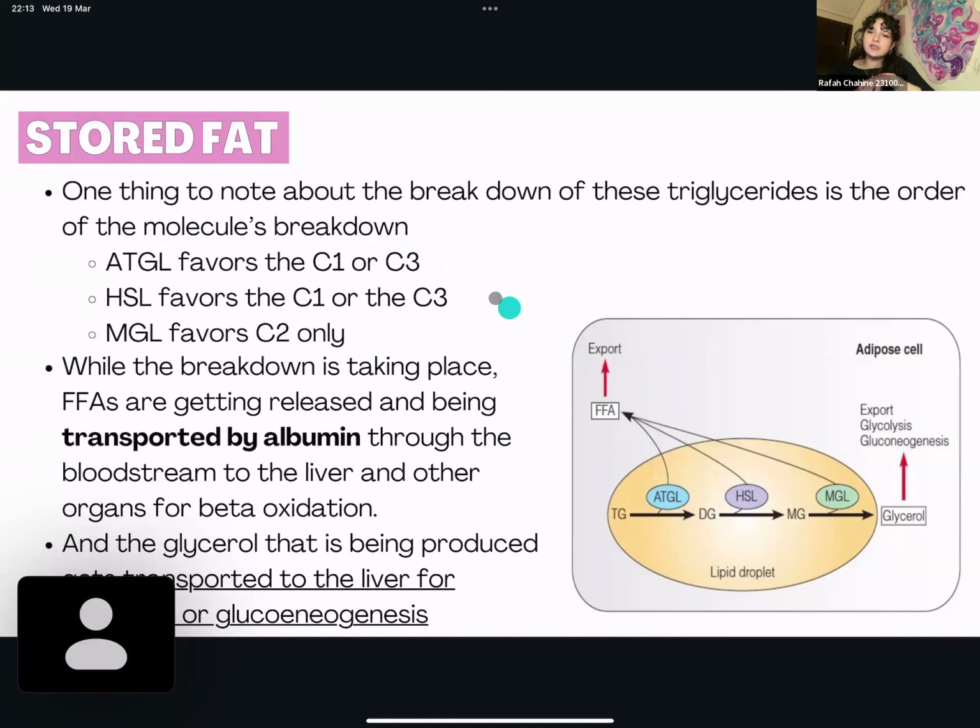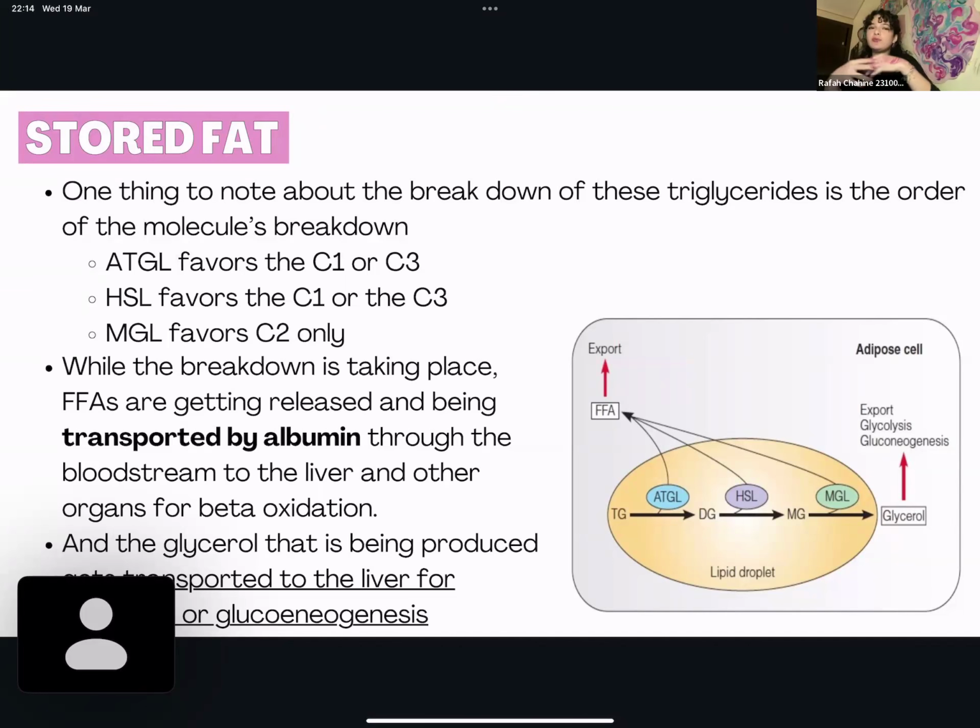HSL also only likes to break down C1 or C3, and MGL only likes C2. So the reason that this is important is because you have to come to the conclusion that, hey, C2 is always going to be the last carbon to get broken down in any case. So the order can be C1, C3, C2, or C3, C1, C2. Is that clear? Yes, it is. Okay, thank you.